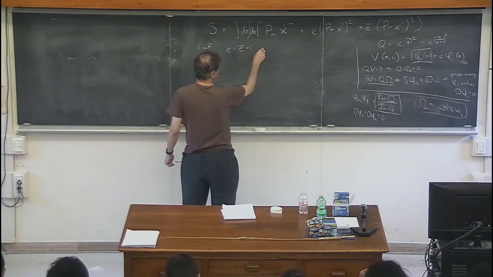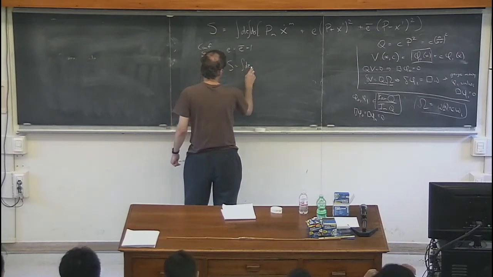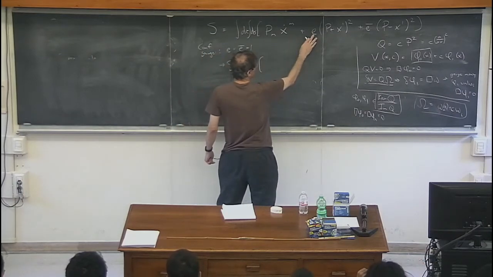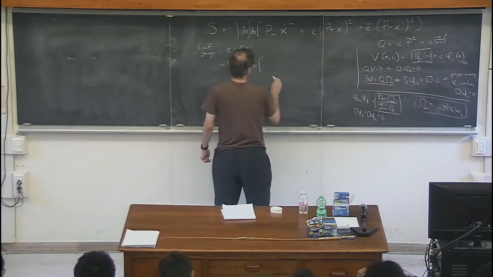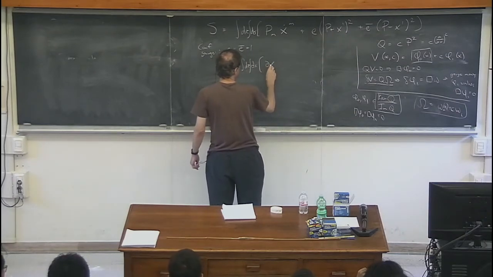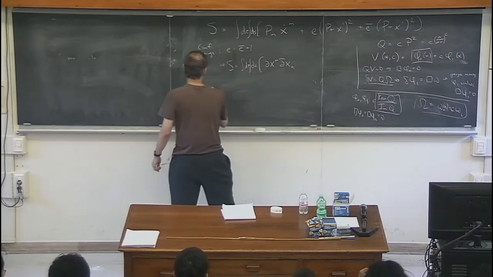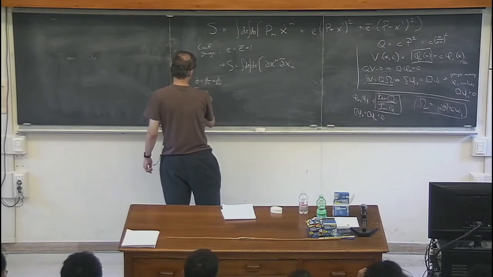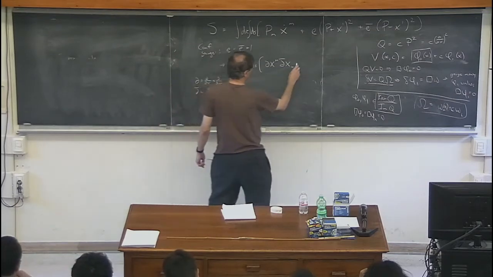So this implies that the action, after plugging this in and solving the equation of motion for P, becomes just dX^m d-bar X_m, where d is d/d tau plus d/d sigma. But then you get ghosts.